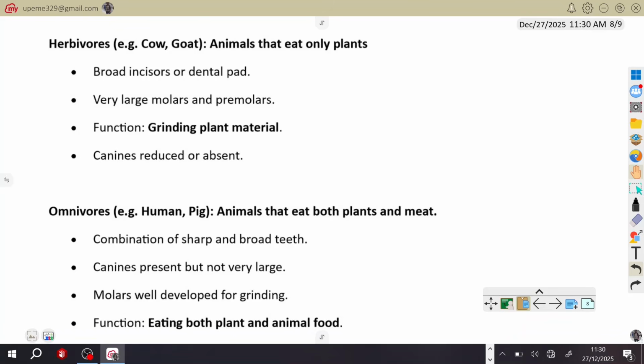Canines are reduced or absent. These animals may not have canines, which are for biting or tearing. In some cases they are not there, or if they are there, they are few.